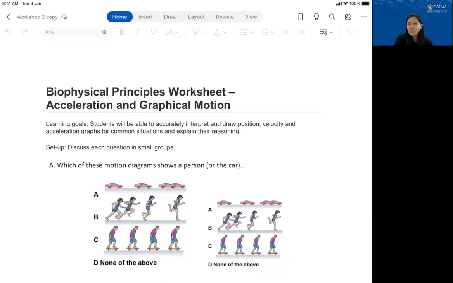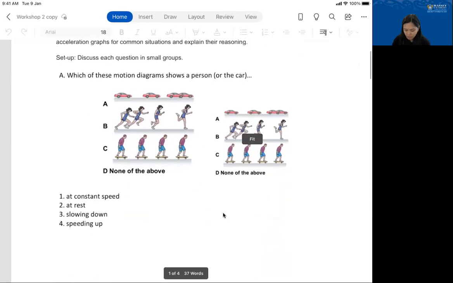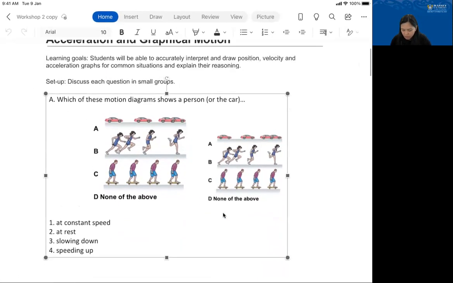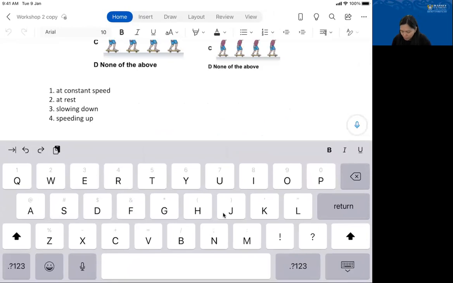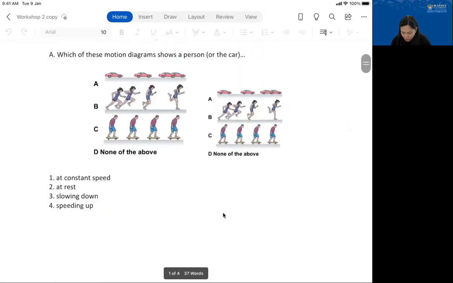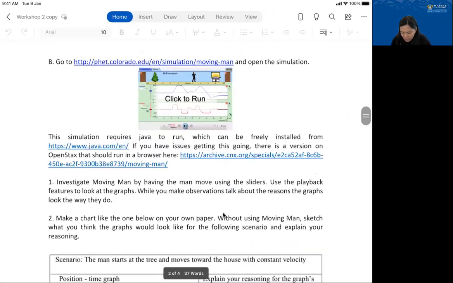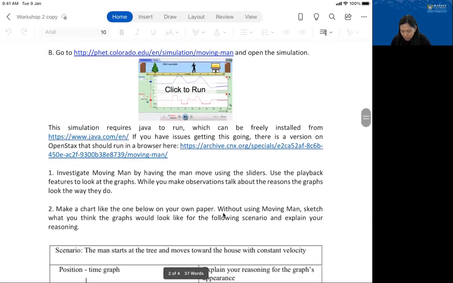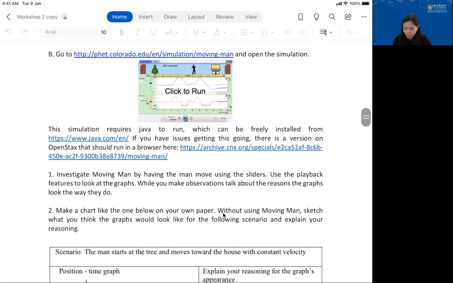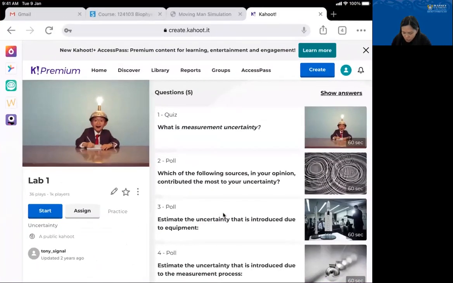I realize we're running out of time now. So the workshop is mostly exploratory. The second part, at least, you need to access this Moving Man simulation, the one I showed you earlier.